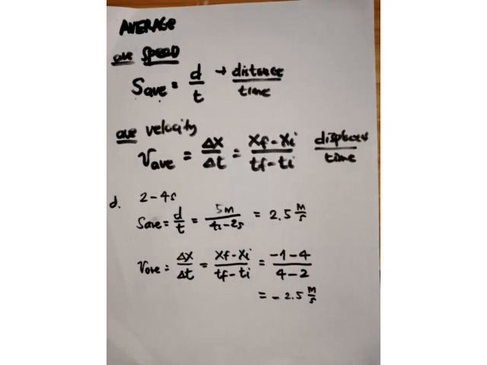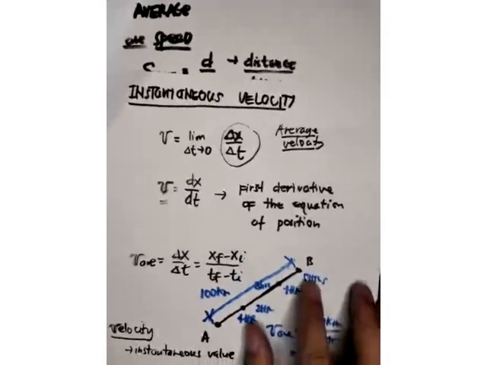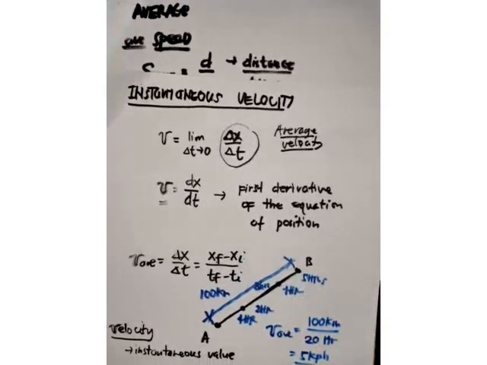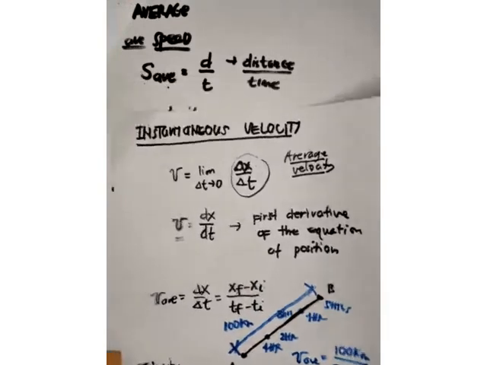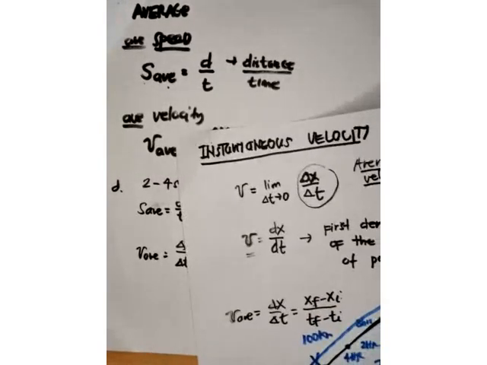And next is we have discussed also yung instantaneous velocity. So we also discussed the difference between the two, instantaneous and the average velocity. Average speed and average velocity, if we want to deal with them, we need to attach the word average to say that it is average speed or average velocity, but the two do not have any relation at all between the two.